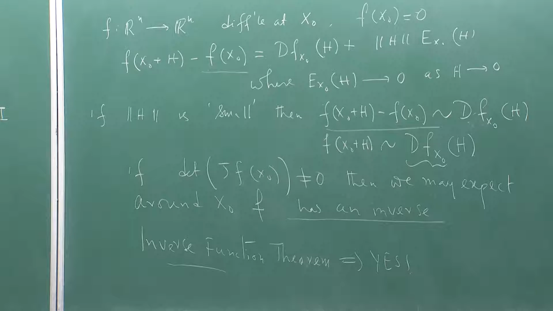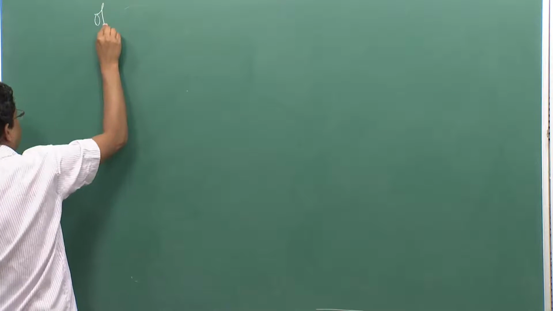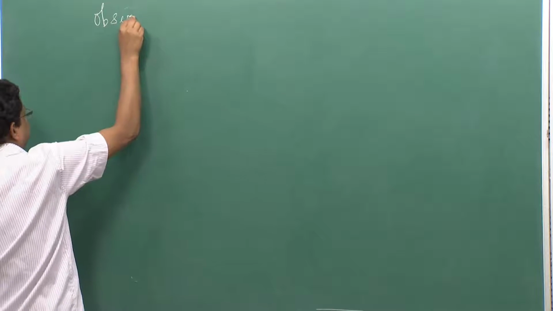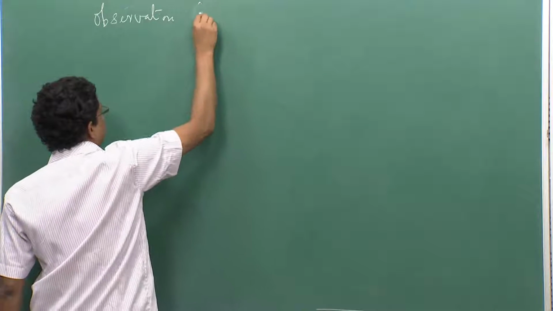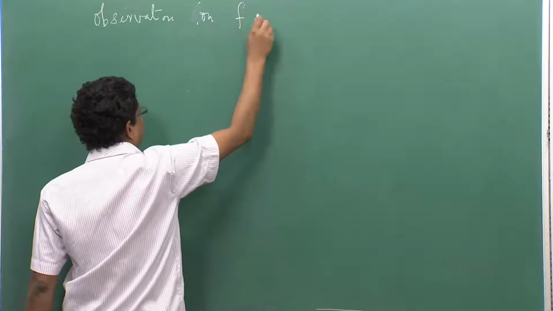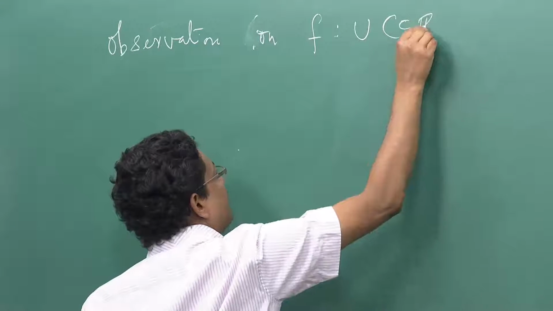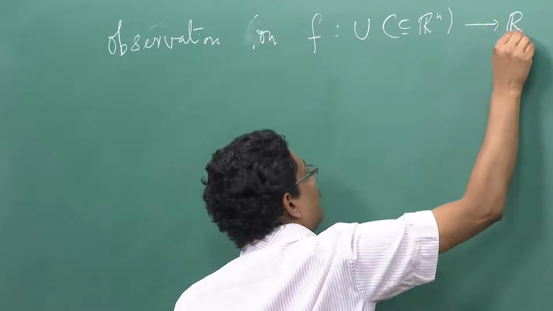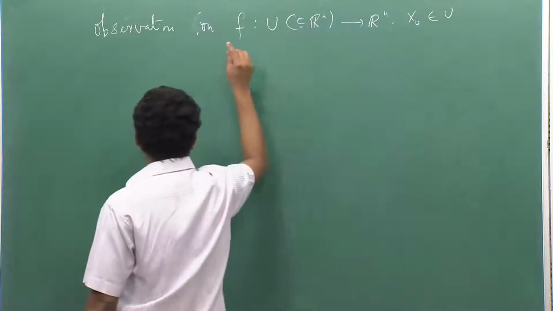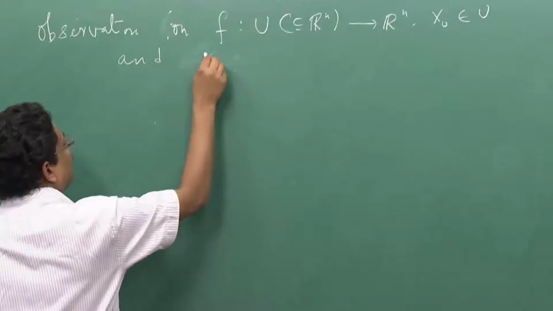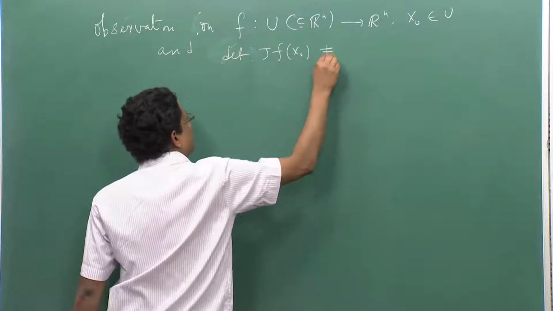Before stating anything else, let me put it this way: an observation on functions f from an open set u in Rn to R, x naught in u, and determinant of J f at x naught not equal to 0.